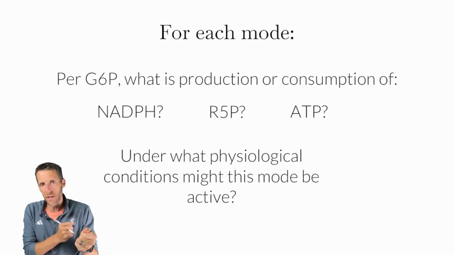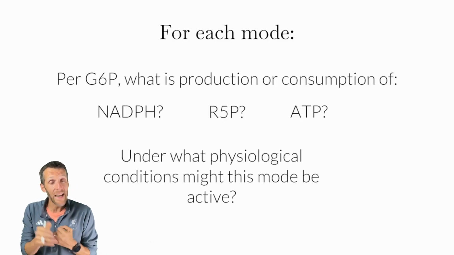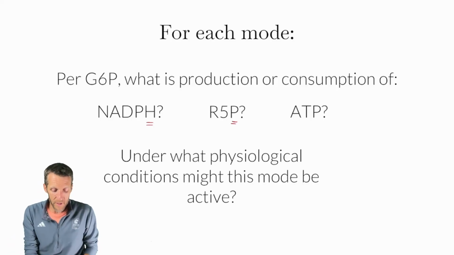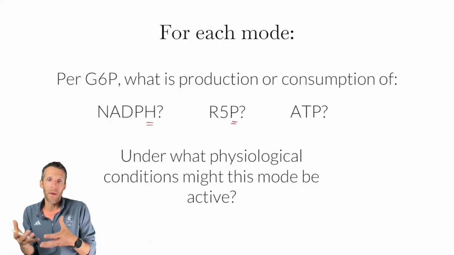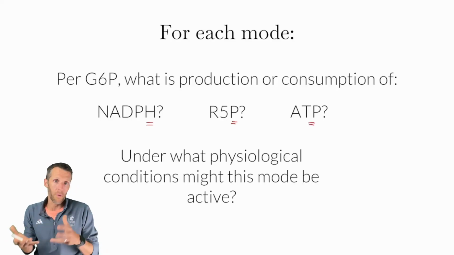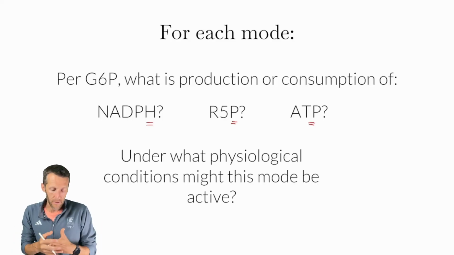For every G6P that we throw in, glucose 6-phosphate, what is the production or consumption of NADPH, so reducing power, remember? Ru5P, a metabolic intermediate that goes on to make nucleic acids. ATP, are we consuming ATP or are we making ATP? And then finally, we can talk about under what conditions this might be active.